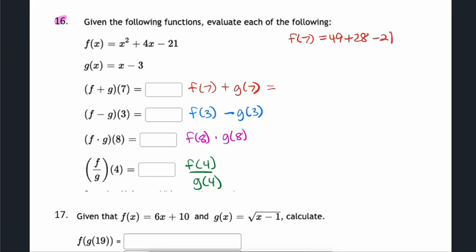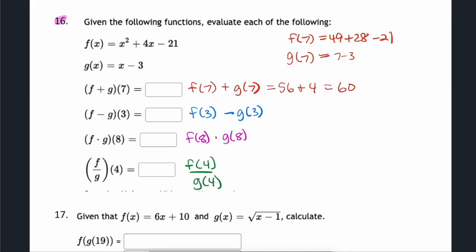Is that 56? Thank you. Now I'm going to plug 7 into my g function. I get 7 minus 3, which is 4, and then you just add them up. So it's just f of 7 plus g of 7.